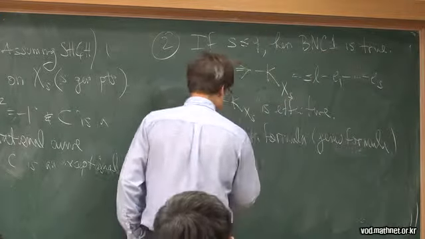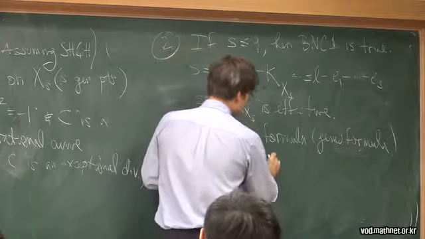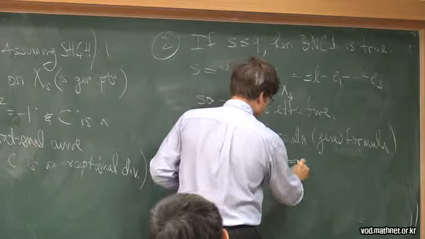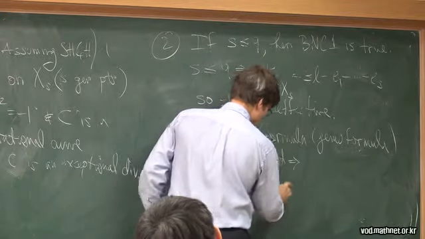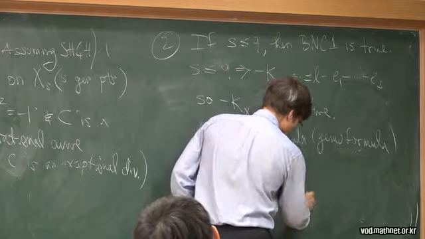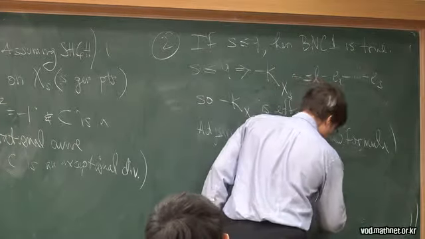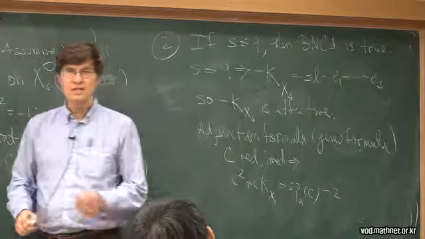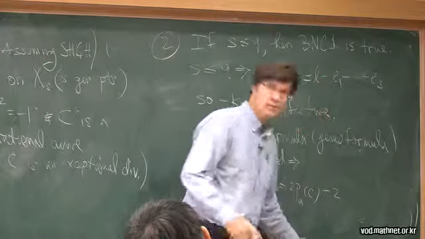So what it says is, if C is reduced and irreducible, C squared plus C.K is equal to twice the arithmetic genus of the curve minus 2. And so now we can just do a little arithmetic.